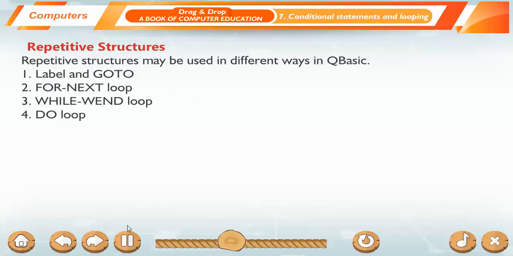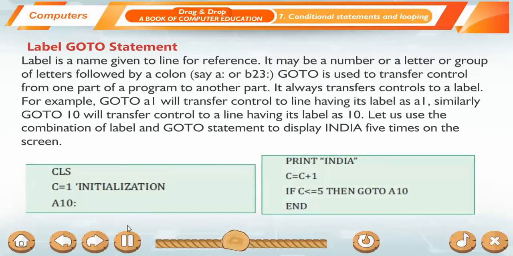Repetitive structures may be used in different ways in QBasic: label and goto, for next loop, while wend loop, do loop. Label goto statement. A label is a name given to a line for reference. It may be a number or a letter or group of letters followed by a colon, say A: or B23:.